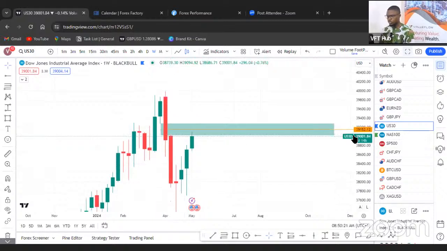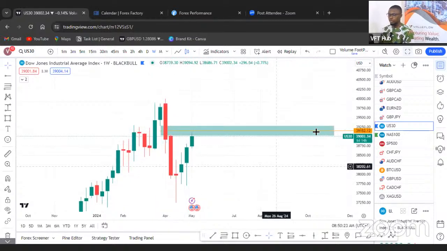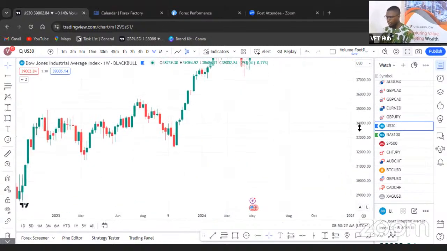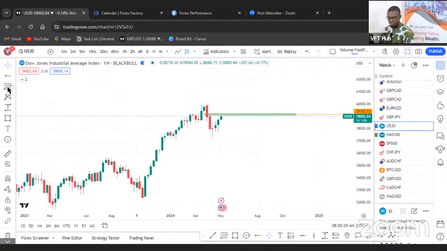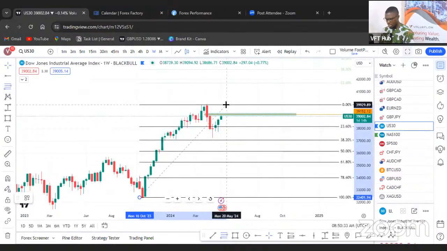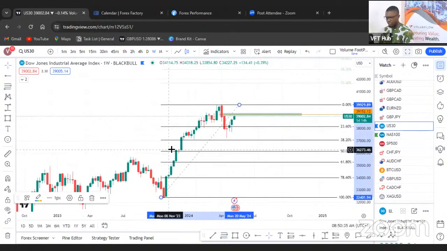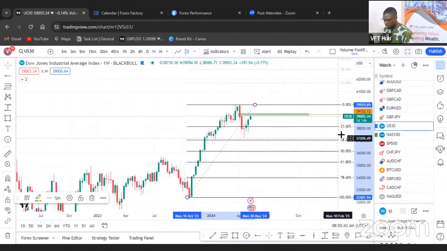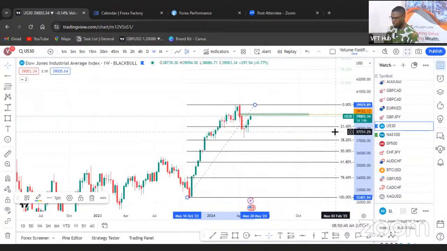However, we also have to be reminded that the overall bias is still a buy, but I'm expecting a bit more retracement from this entire swing, at least a 50% retracement of this entire buy move. The first retracement we saw was at the 23.6 level, which is not quite solid as a fib level.